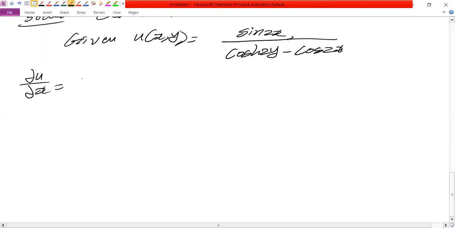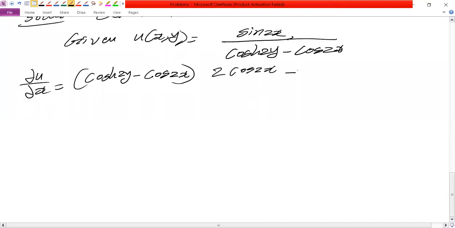Numerator contains the x variable, denominator also contains the x variable, so use the differentiation of u by v formula: v into u dash minus u into v dash. v is cosh 2y minus cos 2x, into the differentiation of sin 2x with respect to x, which is 2 cos 2x, minus sin 2x into v dash, the differentiation of the denominator with respect to x.